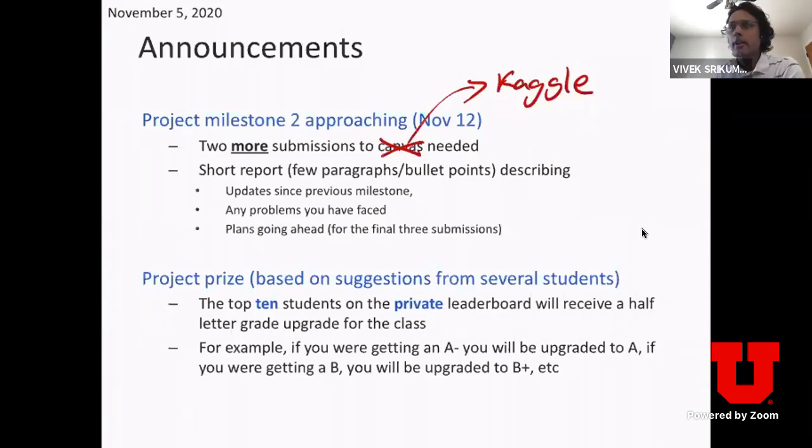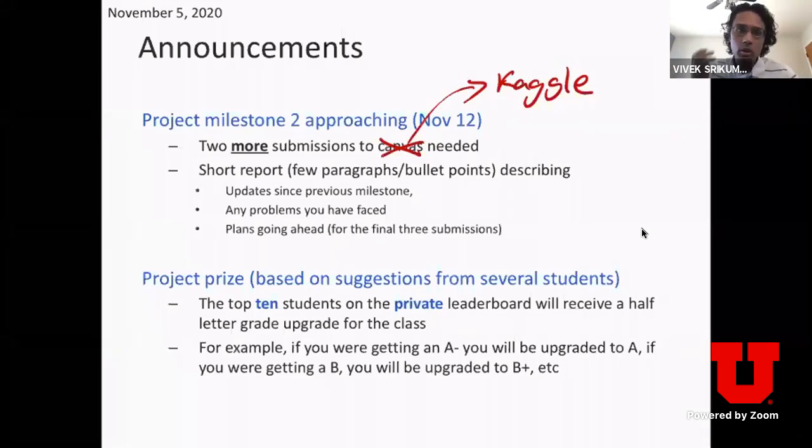Just to help you plan that, remember that for the next homework, you'll be implementing SVM. And if the timing is right, I'm still working on this, also logistic regression for that homework. And you are allowed to use a third-party library.